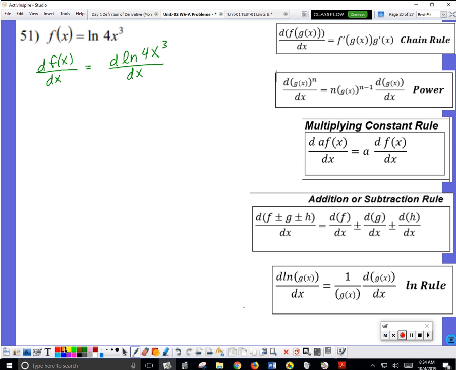Points for the whole room. Does natural log of 4x cubed mean the natural log of 4, times x cubed, or the natural log of 4x, all cubed, or the natural log of 4x cubed?